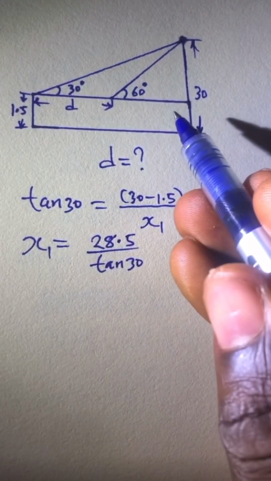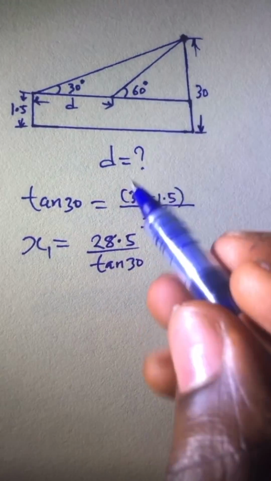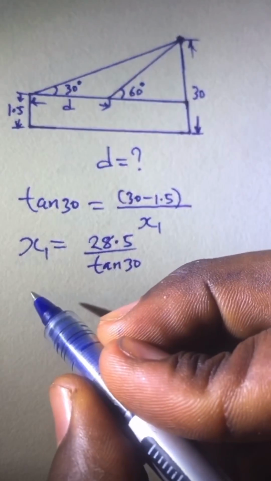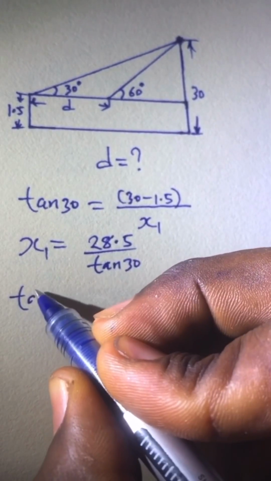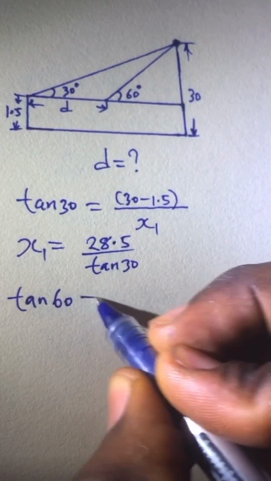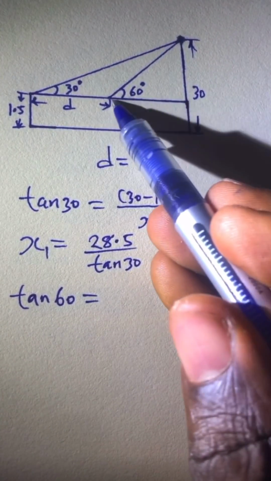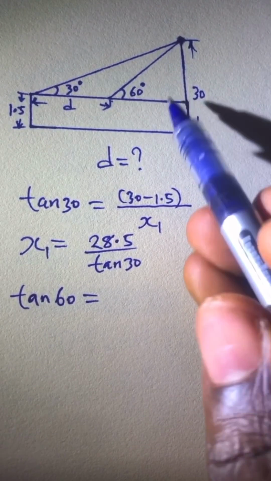s1. For us to get our s2, from here to here, we are going to do tan 60 is equal to, from here to here is our s2.